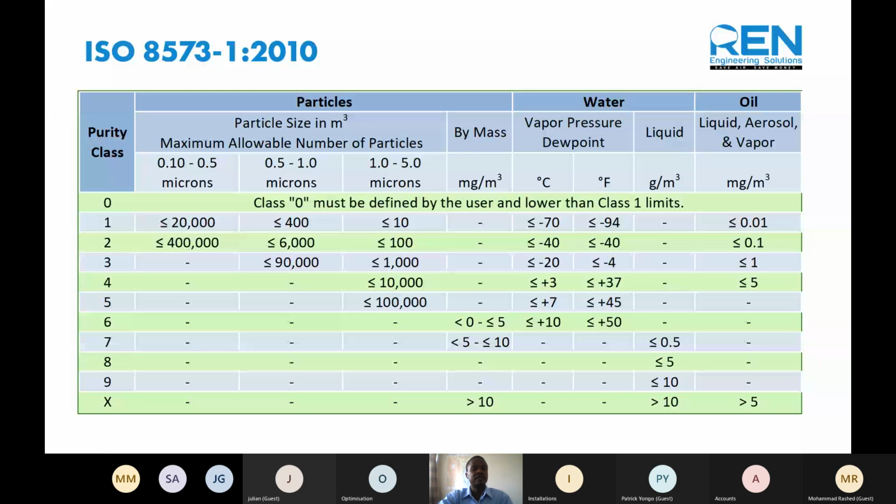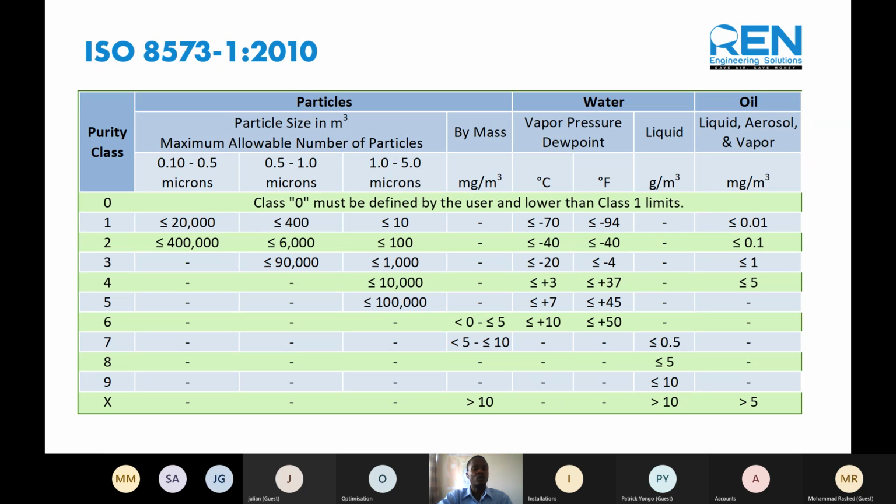So I'll just explain a little bit what this chart means. The table shows a variety of purity classes. On the left, you will see purity class 0, 1, 2, 3, 4, 5 increasing. So 0 is the most stringent purity class, while 9 is the least.